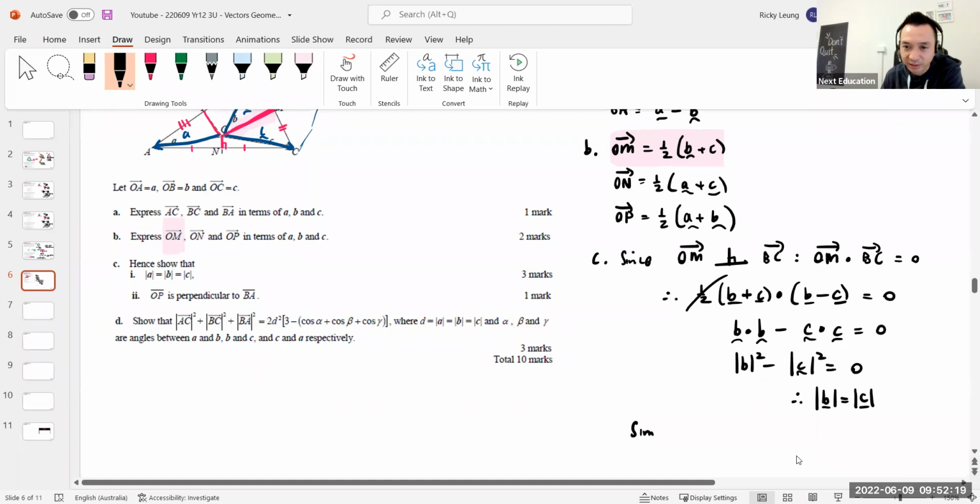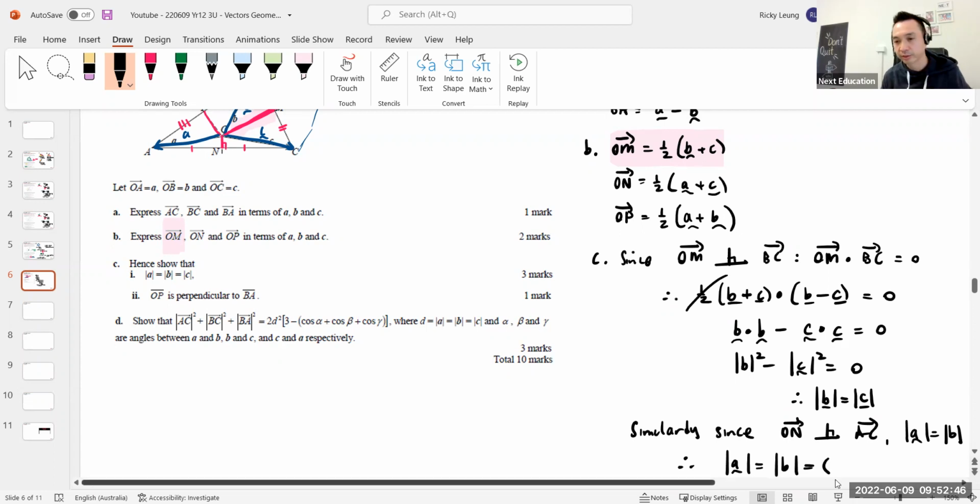Similarly, since ON is perpendicular to AC, I'm just going to conclude, right? A should equal B as well. Therefore, A, B, C are all equal.